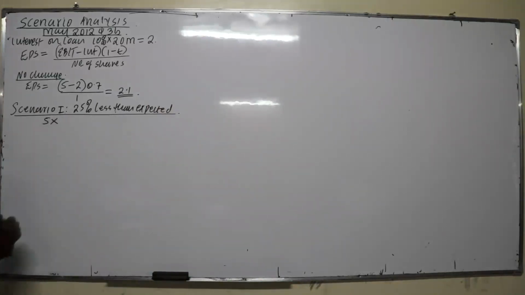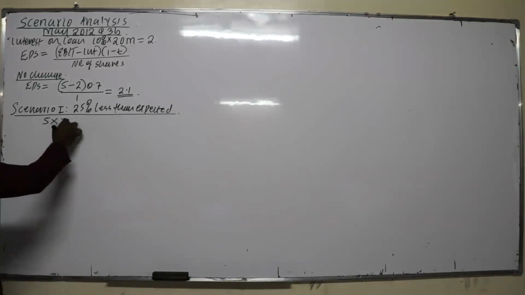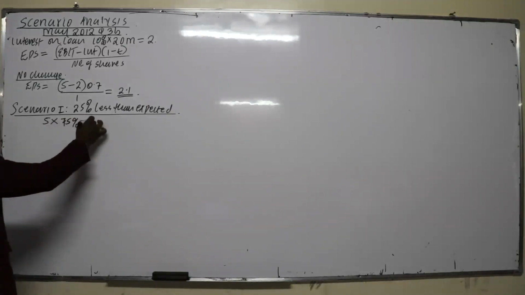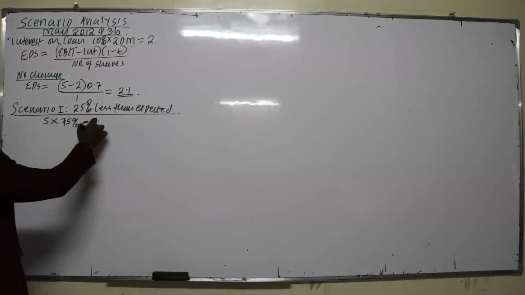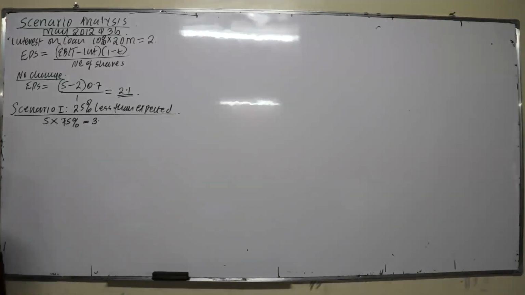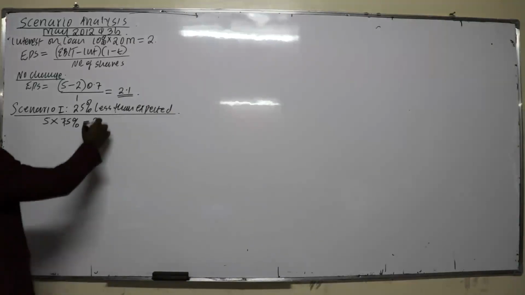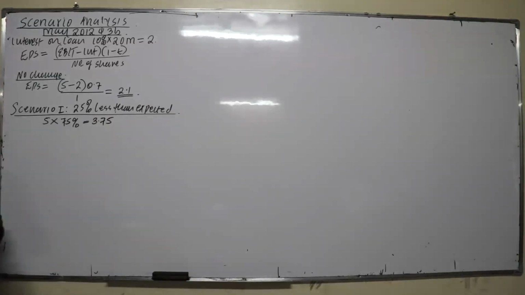When it reduces by 25%, you multiply by 0.75, so it will be 3.75. Good.